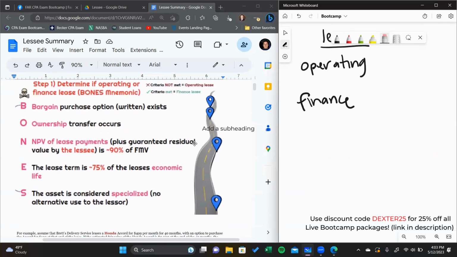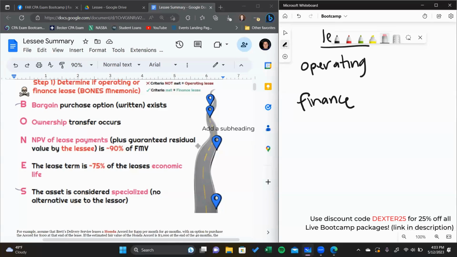So let's kind of talk through these. The first one, the B, is a bargain purchase option. So this is essentially an option that can be exercised at the end of the life of the lease that lets you purchase the leased asset for really, really cheap. Now, a purchase option by itself is not sufficient to satisfy this criteria.